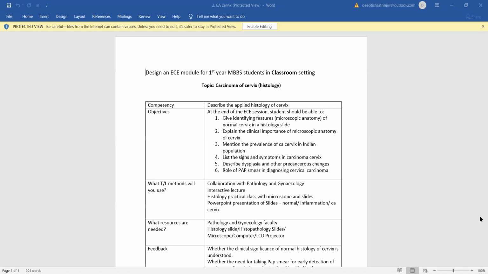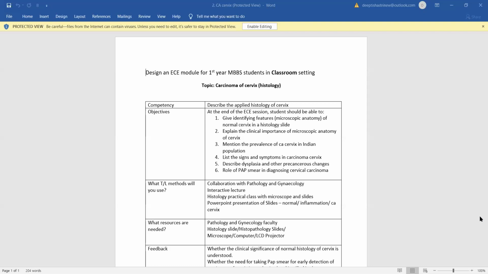But looking at the local feasibility, what we probably can do is modify a little bit: concentrate initially on classroom setting scenarios, and then prepare more modules than the minimum prescribed for ECE purposes, and then take a call in consultation with the clinical departments on which cases are likely to be commonly available at any given point of time, and look at those topics and achieve the competencies that are desired.